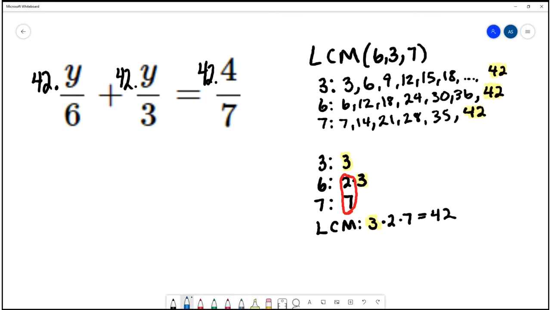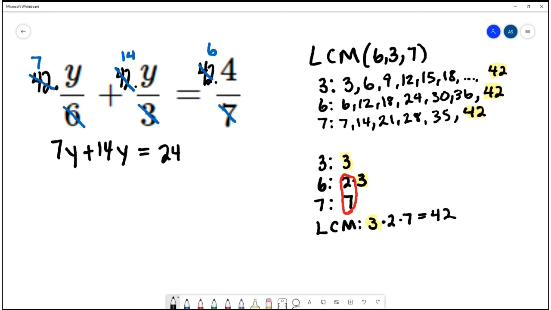And then we can divide. 6 divides into 42 7 times. 3 divides into 42 14 times. And 7 divides into 42 6 times. So now that we've canceled those fractions out, we get the equation 7y plus 14y equals 24.